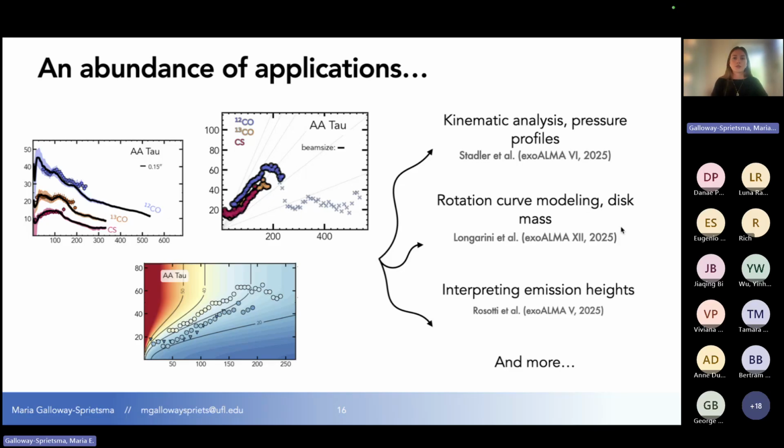Cristiano Longarini used the temperature profiles and the emission surfaces to model the rotation curve, which allowed us to calculate the disk mass. And Giovanni Rosotti used these results to interpret the emission heights and to try and understand why we see these layered emission layers. And I'm also really excited to see in the coming months and maybe years what other applications we can use with this data and what things we can learn.